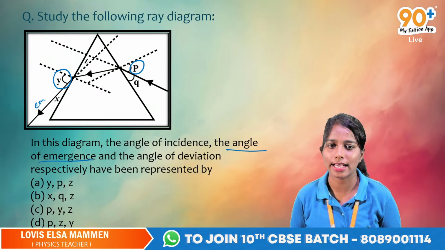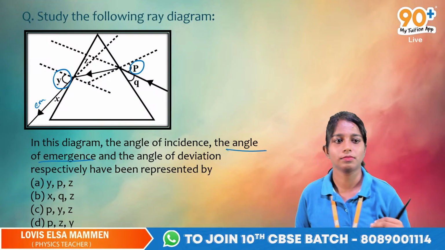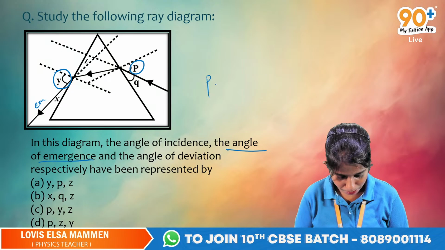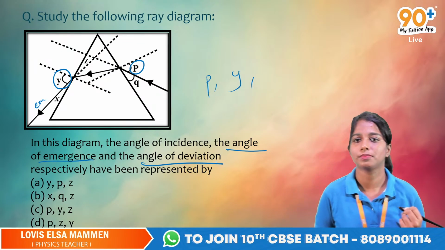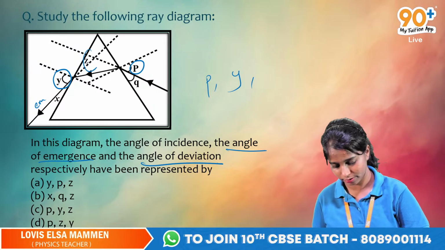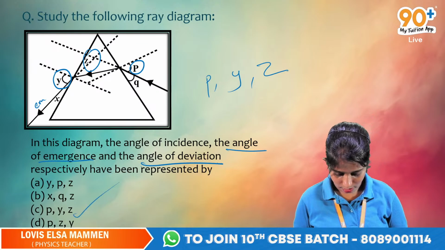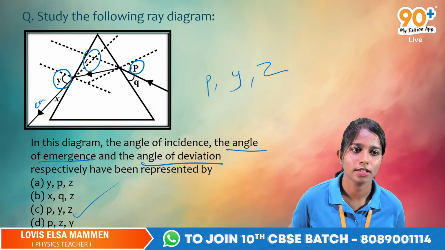That is not the thing. That angle should be between the normal and the emergent ray. It is y. So P y. Now one more thing is there, angle of deviation. It is z. P y z. ആരാത്? ഓപ്ഷൻ സി.